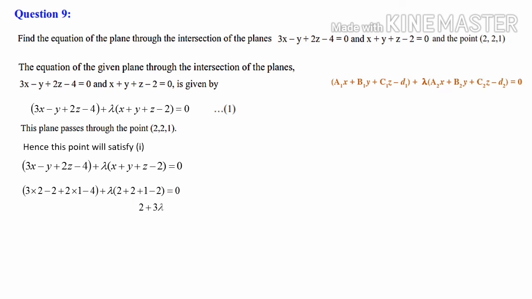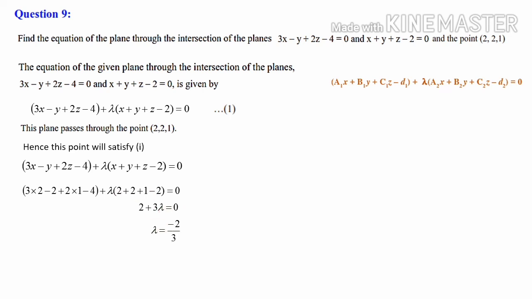Go for the calculation, that is 2 plus 3 lambda. Here when you check, 3 into 2 is 6, 6 minus 2 is 4, 4 minus 4 is 0. So only 2 into 1 remains, 2 into 1 is 2.